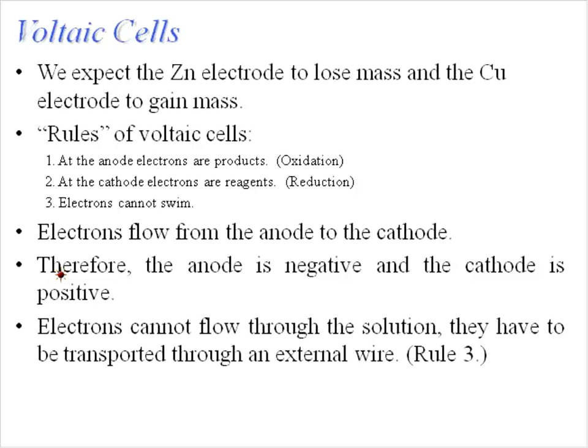Anode is negative, cathode is positive. Little hard to digest for some students in the beginning. Cathode rays, negative rays. Cathode is positive, anode is negative. So how do you understand that anode is negative?